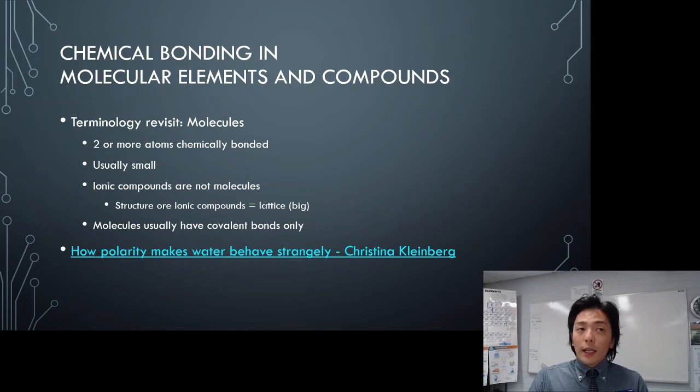We are not looking at any polymer as well. 2 or more atoms chemically bonded, as long as you have that, that's already a molecule. As I said, ionic compounds are not counted and a molecule usually has covalent bonds only. So think of non-metals.